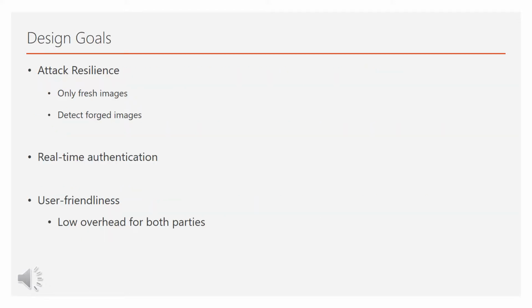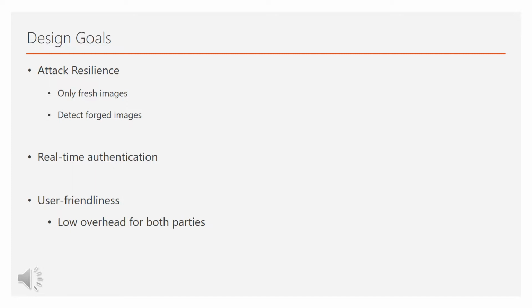Design goals. The writers have three design goals for the ABC protocol. The first of which is attack resilience. They want to use only fresh images. This would help with their security. And they want the ability to detect forged images.